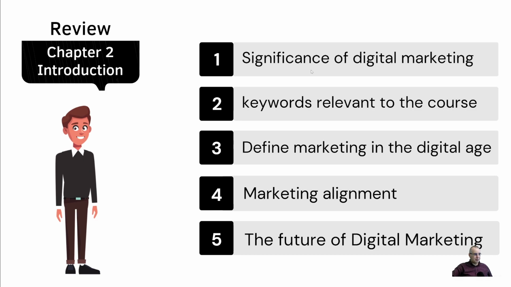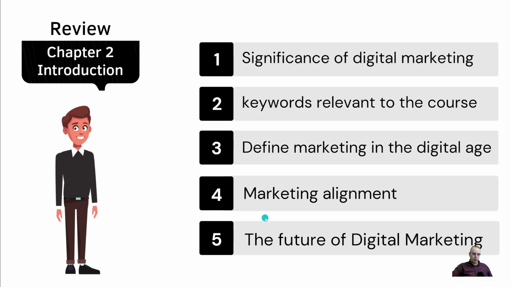We gave a formal definition of what digital marketing is, and then we talked about marketing alignment, because it is so important to avoid a common mistake in companies, where they sit down, plan some marketing activities, do those activities, and spend the marketing budget.